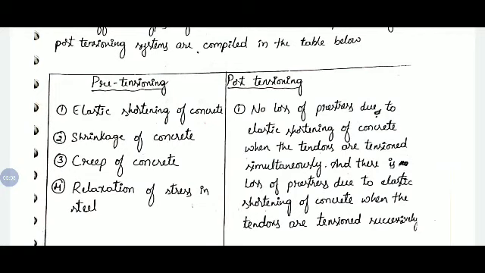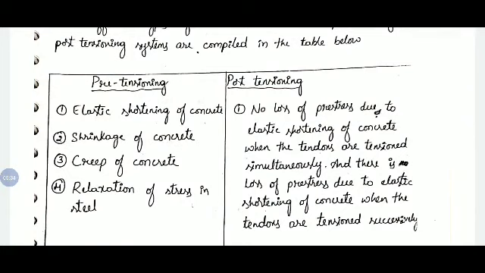Shrinkage of concrete, as the name itself indicates, is the reduction of the volume. So when the volume reduces, obviously the stress in steel reduces. Then creep is the permanent deformation of the concrete.